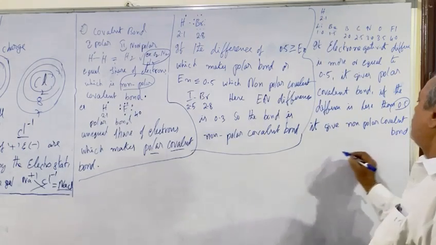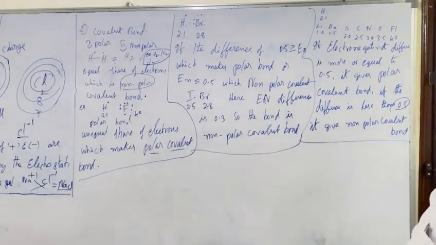That's why we have to learn about chemical bonds, which are ionic bonds and covalent bonds. In the covalent bond, there are two types: polar and non-polar. If the electronegativity difference is more than or equal to 0.5, you get a polar bond.